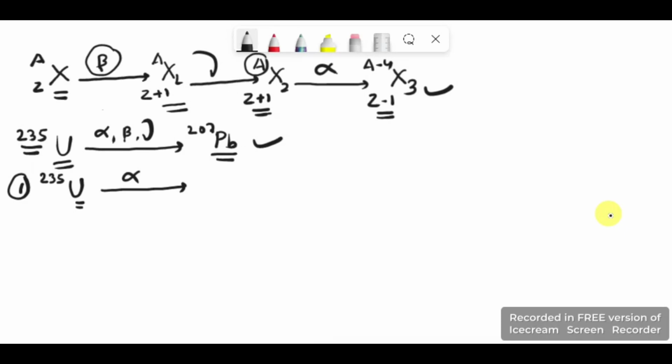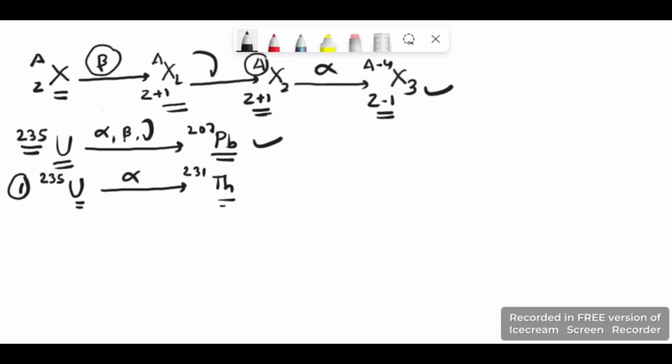So students, you know that during the emission of an alpha particle, the mass number decreases by how much? 4. So the product we get is thorium, and the mass number decreases by 4.